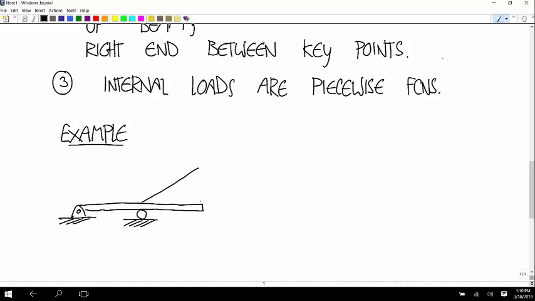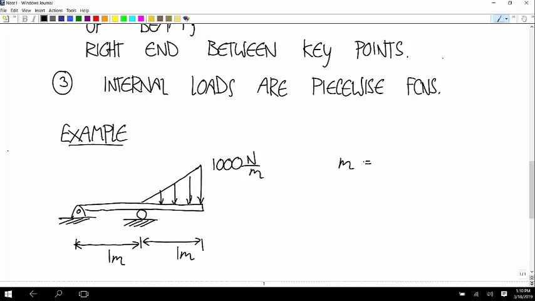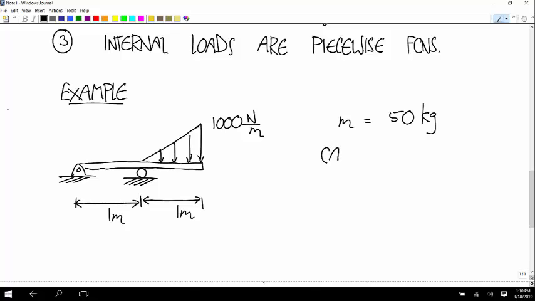There's a distributed load where at its maximum it has a magnitude of 1,000 newtons per meter. Each of these two lengths is 1 meter. And the mass is, what did I say, 50? And we want to calculate the internal loads.